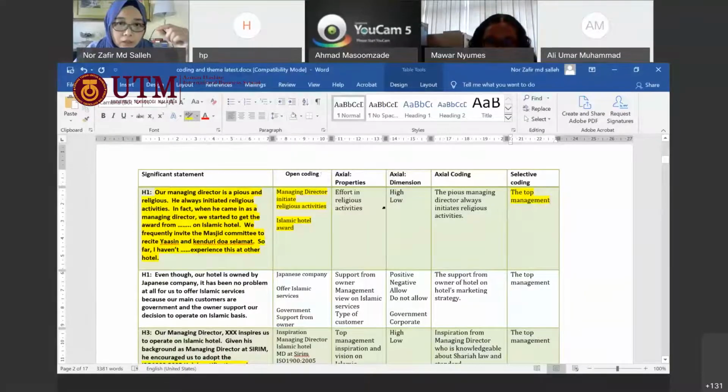This helped me a lot in writing up the report. Okay, and then the axial code is: the pious managing director always initiates religious activities, and these are under the selective code of the top management. From all these steps, I could get to this.